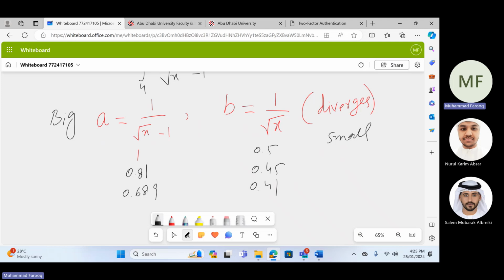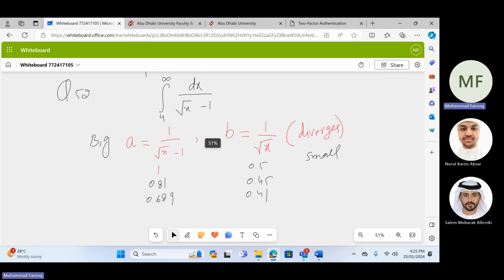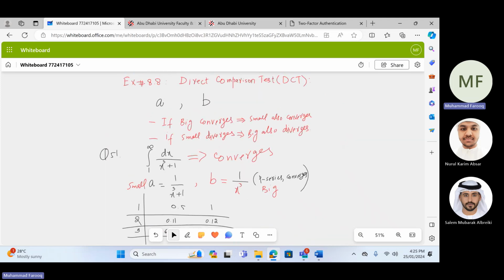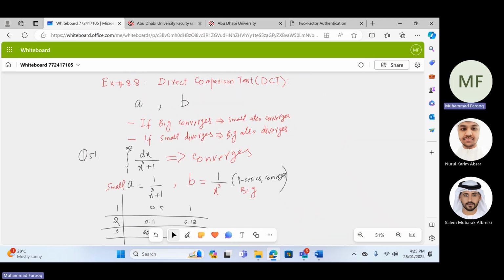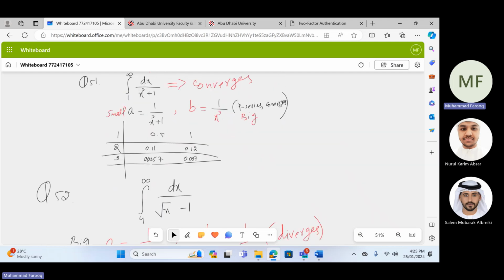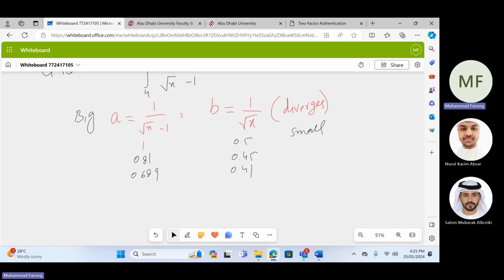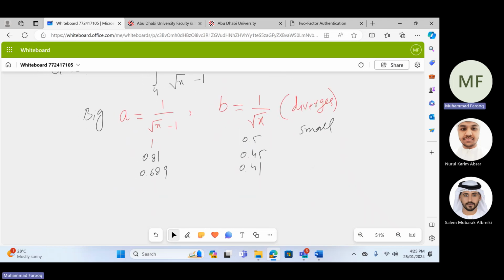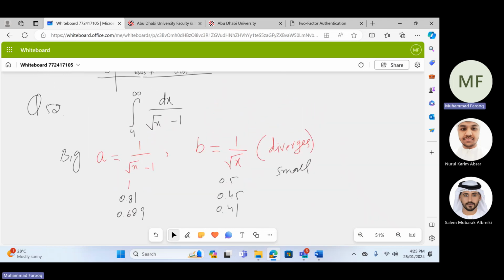Big also diverges. The DCT says if small diverges, big also diverges. So my big one is my question. As per DCT, if small diverges, big also diverges, so my question diverges.